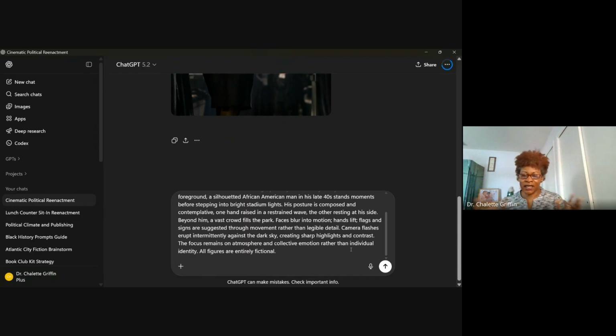And so again, the focus is more on the atmosphere and emotion. That's why I always stress that your environment can stress the emotion that's happening in the piece. So let's go ahead and generate here.